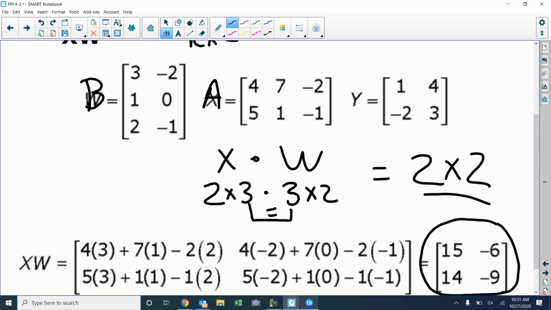So 15, negative 6. Two numbers and then two numbers. Then just take A and edit.